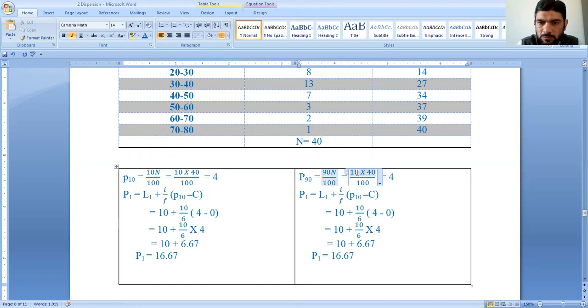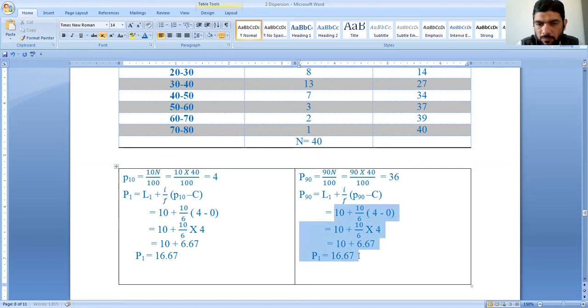Now we have 90 multiplied by 40 divided by 100, that is 36. Where will 36 fall? Before that, let me edit these values. Now we have to find out where 36 lies.